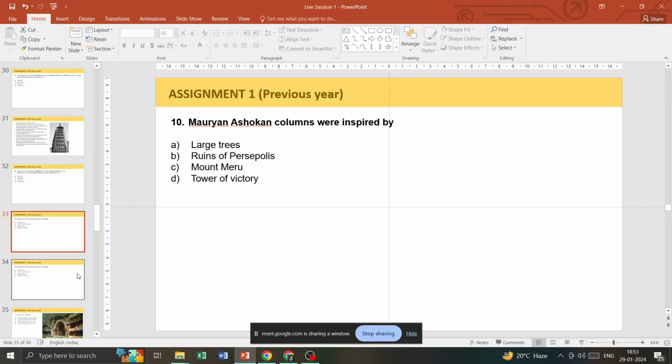I had added the image of both the Ashokan column and the Persepolis column. There is a huge resemblance in both of these columns, which suggests that these columns were inspired from the ruins of Persepolis. So our answer is B, Persepolis.